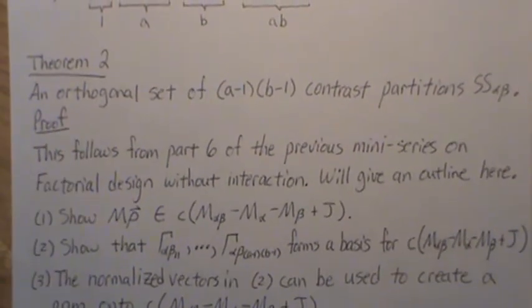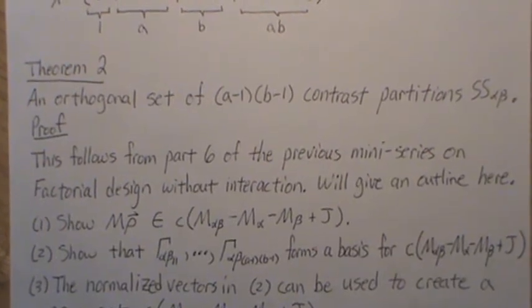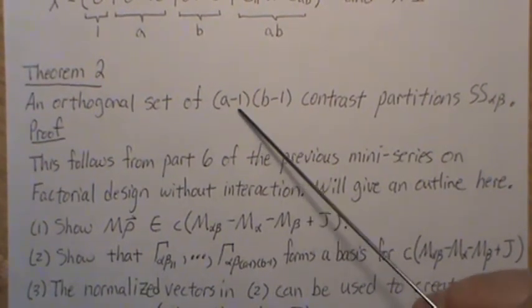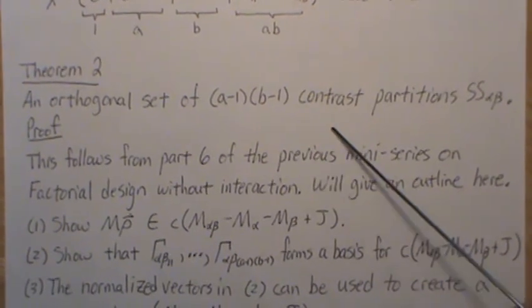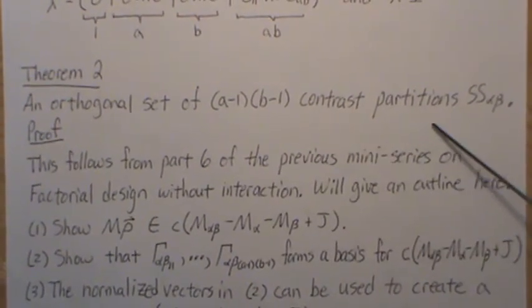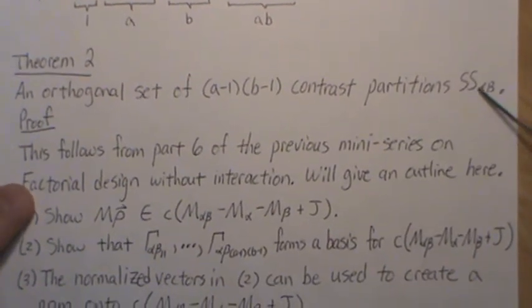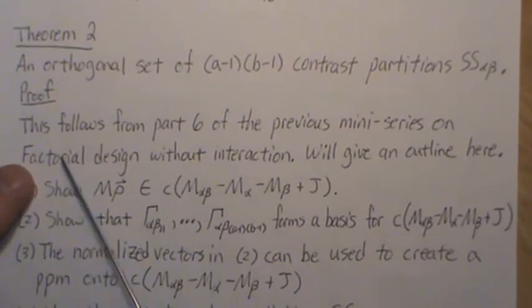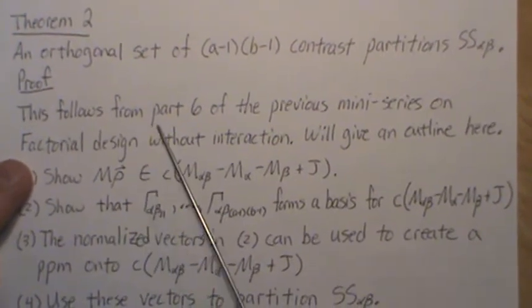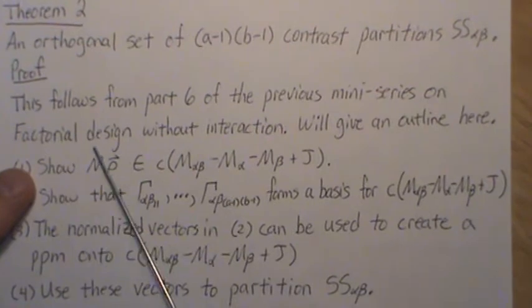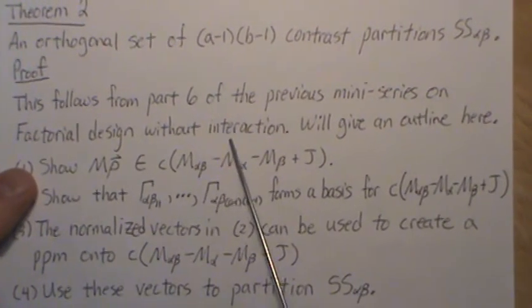So last theorem, and we're only going to heuristically show this. An orthogonal set of a minus 1 times b minus 1 contrasts partitions the sum of squares for the interaction space. So the proof follows almost identical to part 6 of the previous mini-series on factorial design without interaction.